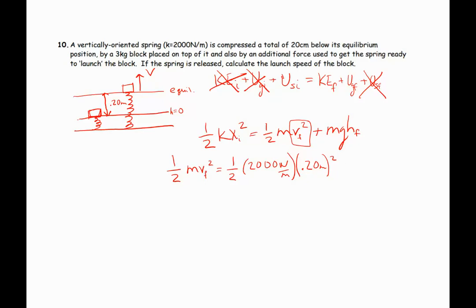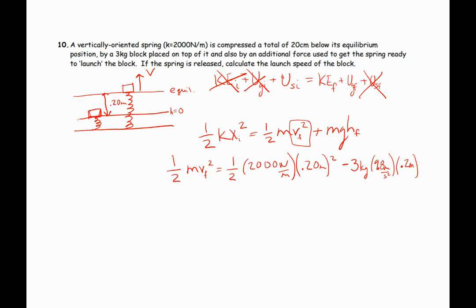So 1/2 kx squared minus my mass, which is the 3 kilogram block, times my gravity, 9.8 meters per second squared, times my height. Now, what's my height? How do I figure that out? Well, it was compressed to 0.2, and now it goes up to 0.2 meters away from what we have set for our height.